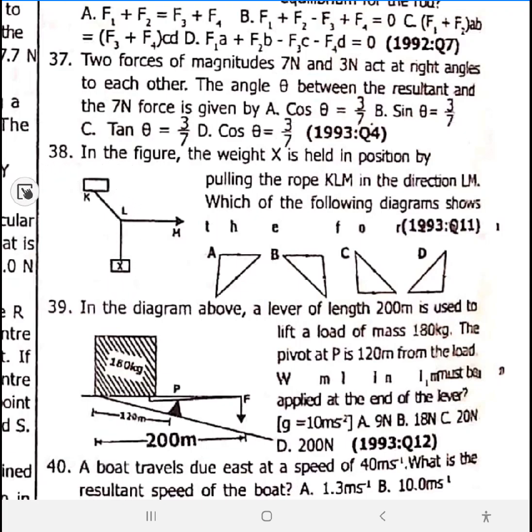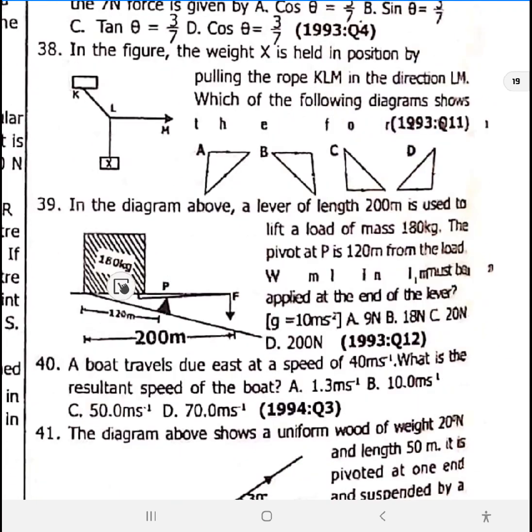The diagram that would show it would be option B, this here. So you have like this, and another one coming down like this, which you add as your resultant. So you have force 1, force 2, and your resultant. Okay, skip.